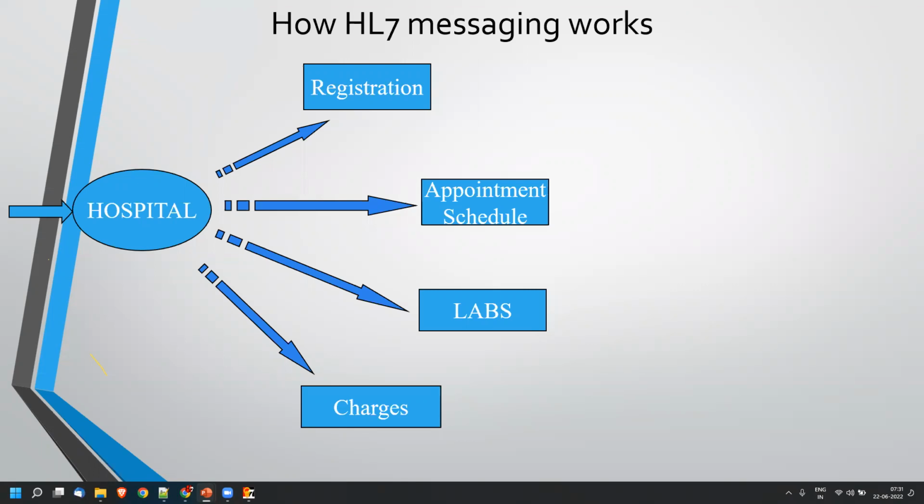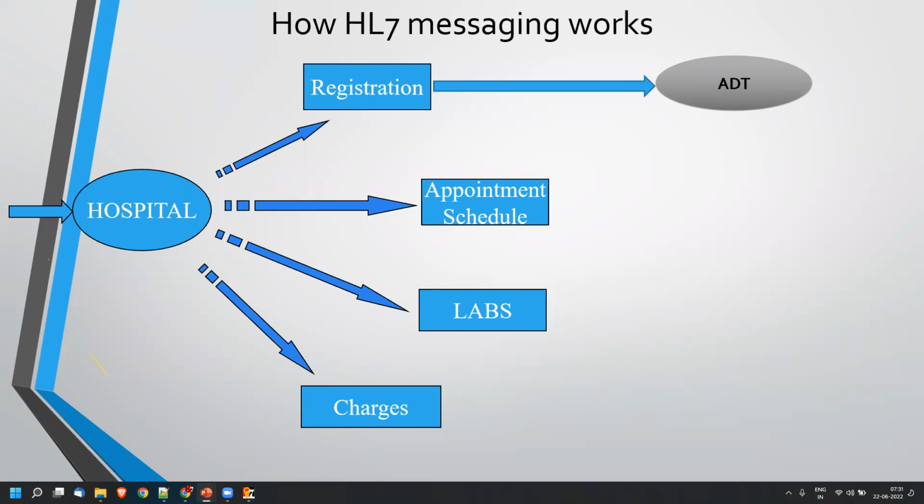HL7 standard doesn't use the term registration to represent all the events that are happening as part of registration. Okay, it uses its own terminology. Let us look at what terminologies we have for each of these categories or sections. So registration related events are always represented with the help of an acronym called ADT.